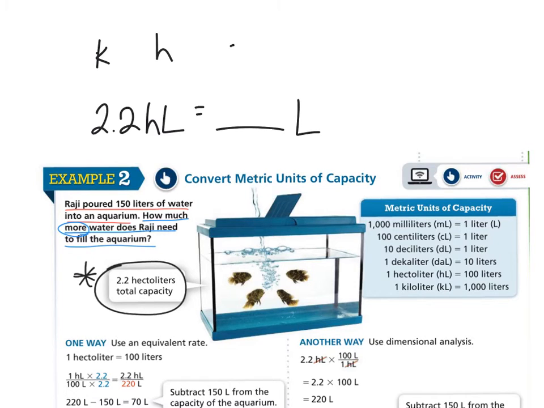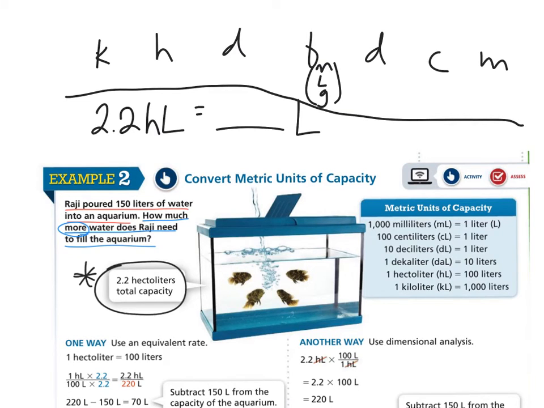So King Henry died by drinking chocolate milk. If you guys do these, once you write this down, on a piece of paper, whether it's in your book or a loose leaf piece of paper or your notebook, you could just write it once and then use your pencil and point to where you're starting at and where you're going.